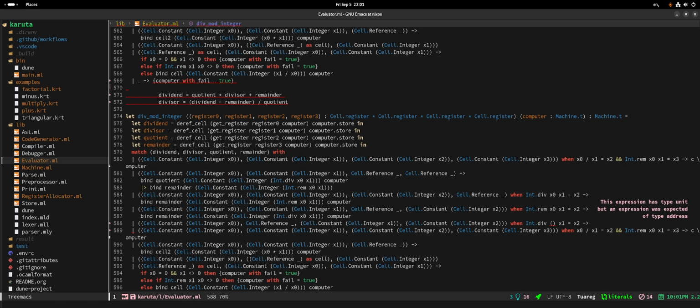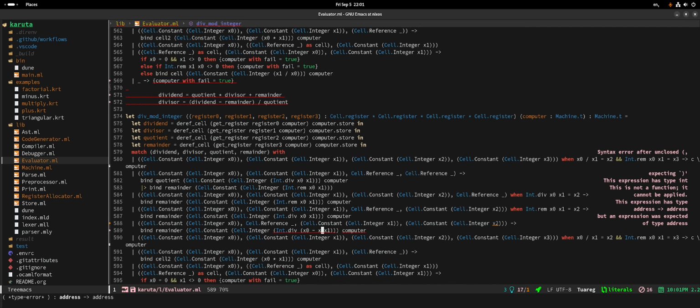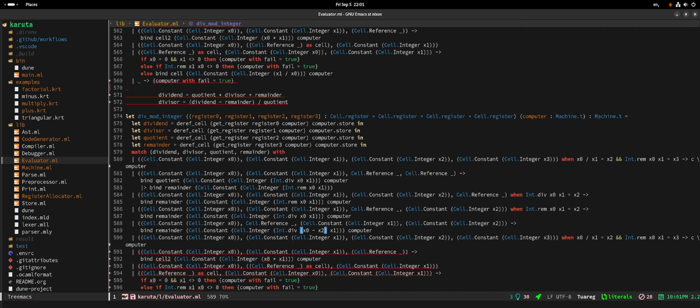Oh, wait a moment. This doesn't have a guard. This is just a bind. So I'm going to put the result of this in here. We are dividing by the quotient, which means x1, and in here I'm doing a minus with x2. This is it, right? Should be, yeah. Okay.